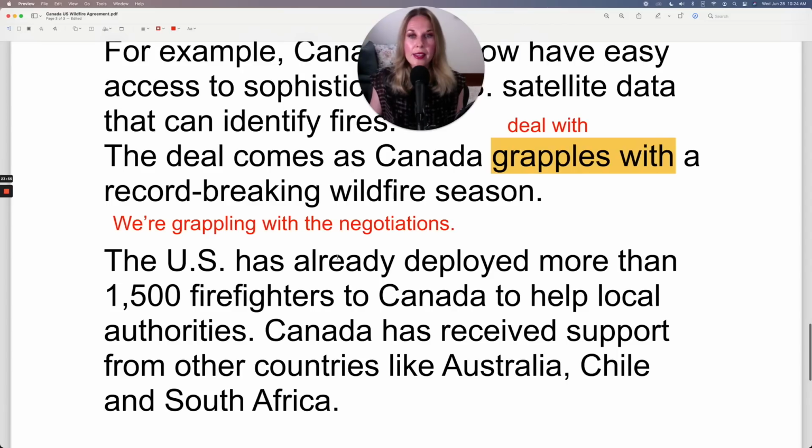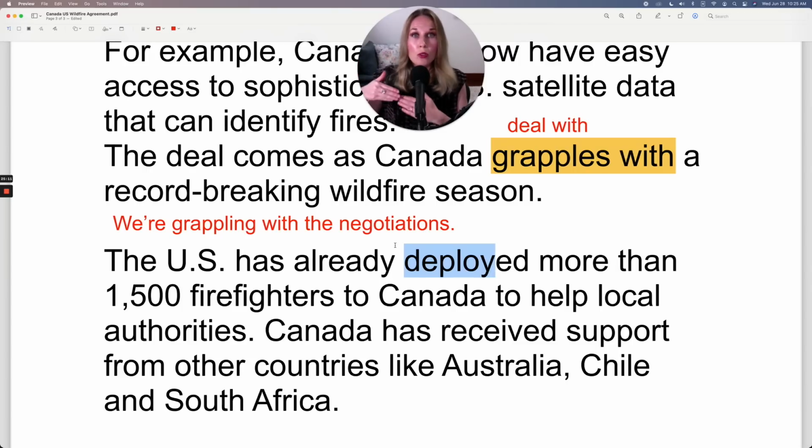The US has already deployed more than 1,500 firefighters. Deploy is a verb to mean when you move either people or resources from one location to another in order to support that other location. So here you can deploy the firefighters because they're people.